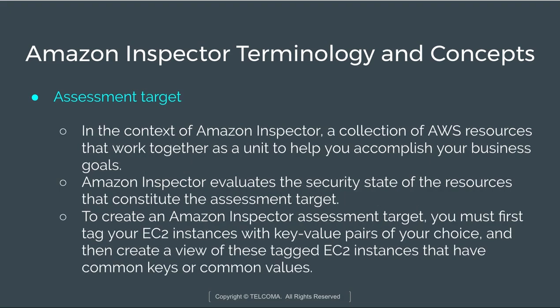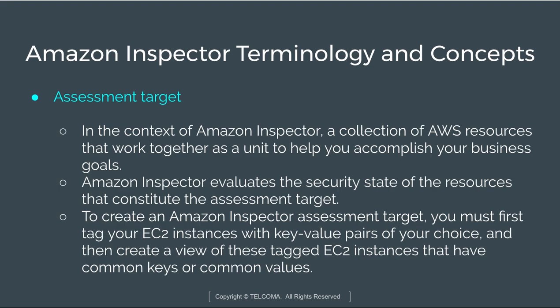Next we have the assessment target. In context to Amazon Inspector, this is a collection of resources that work together as a unit to meet our business goals. Amazon Inspector evaluates the security state of those resources.